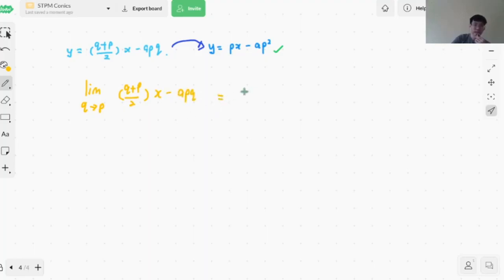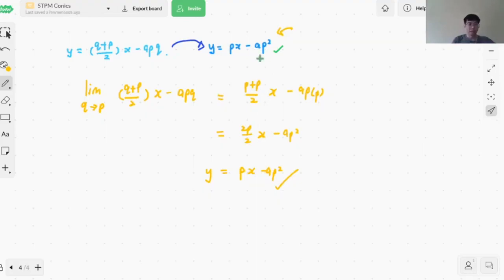At the end, my Q is equal to P, so P plus P over 2 times x minus A times P. So at the end, you should be getting 2P over 2 times x minus AP squared. At the end, it will be Px minus AP squared, where this is your equation of the tangent. You prove that these two are the same. So that's how the equation of tangent comes.